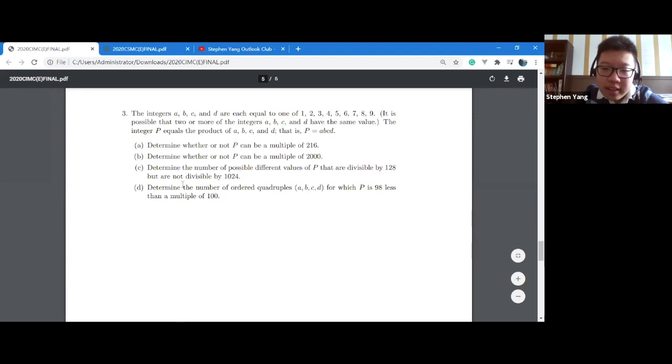I think most people could solve part A and part B, which I won't do right here, so let's start from part C. It wants you to find the number of possible different values of p that are divisible by 128 and not divisible by 1024.